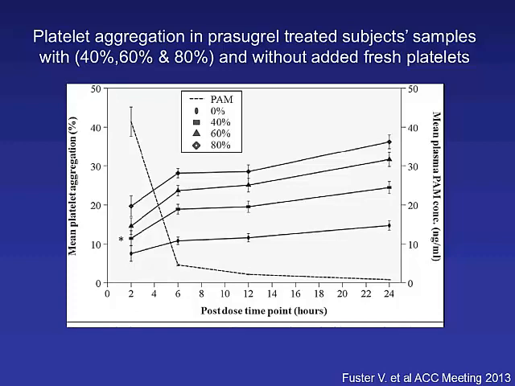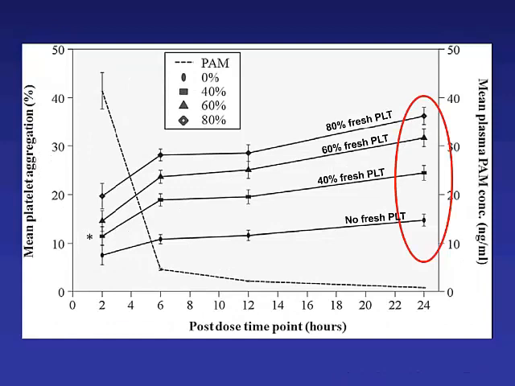This is a slide from the presentation at the ACC by the group of Valentin Fuster. This is a kind of clinical ex vivo study. The patients were loaded with prasugrel, waited for 24 hours, and then in the lab they diluted the blood of the patient with platelets, more or less what we are doing when we take such a patient to the cath lab and give 8, 10 units of platelets intravenously.